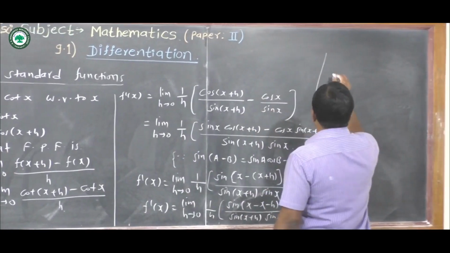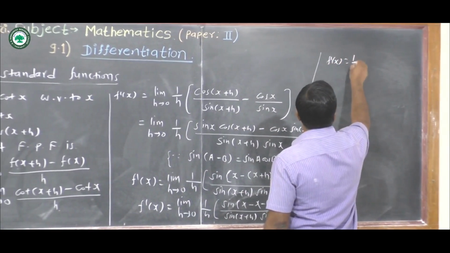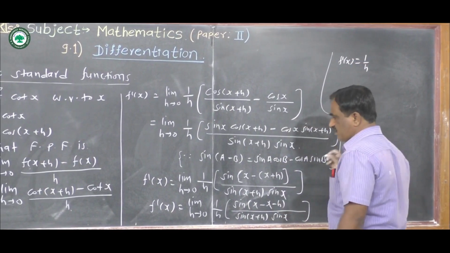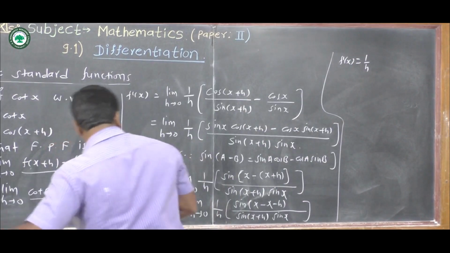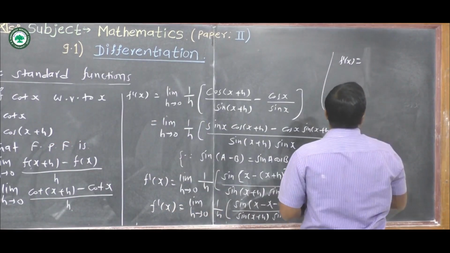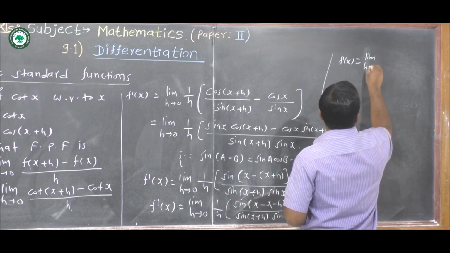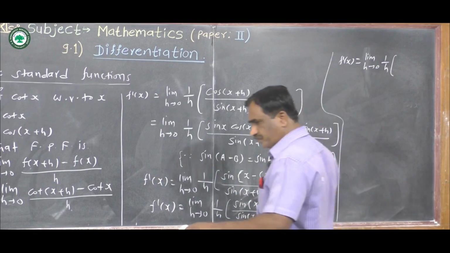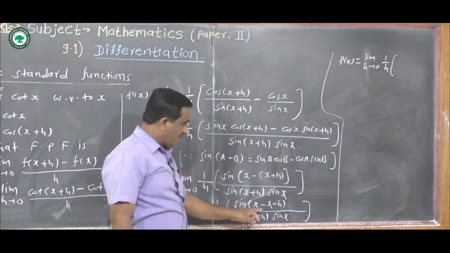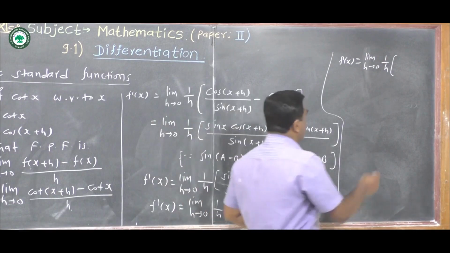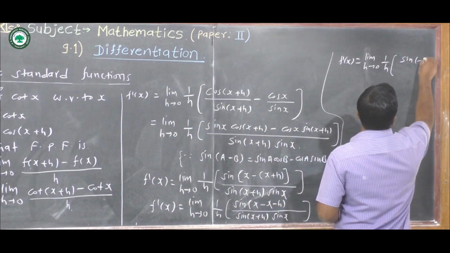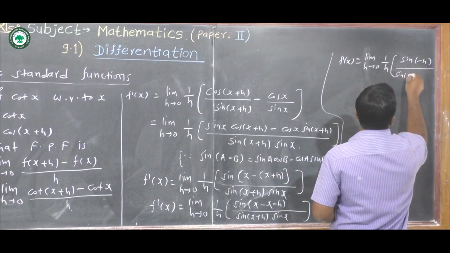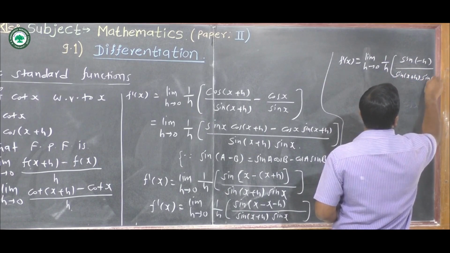That is f dash of x is equal to limit h tends to 0, 1 upon h into, here x minus x cancels, remains only minus h, that is we can write sin of minus h upon sin of x plus h into sin x.